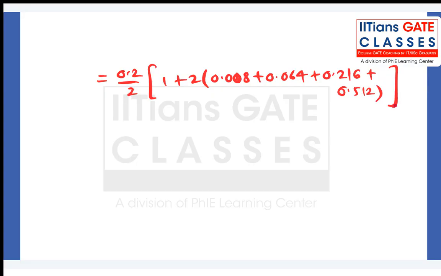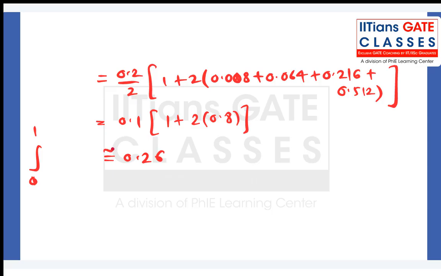This summation will come out to be 0.8, because 16 plus 12 is 28, plus 8 is 36, plus 64 is 100. So that is 0.7 plus 0.1, 0.8. So this is 0.1 into 1 plus 2 into 0.8, so that is 1.6, 2.6, and 0.26. So this is your value.